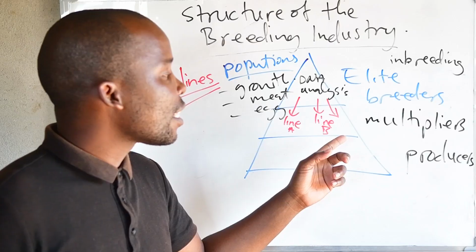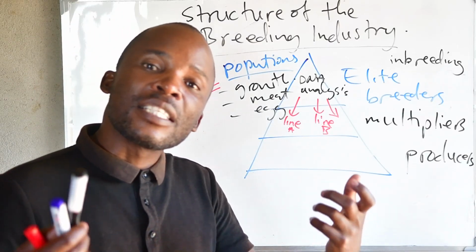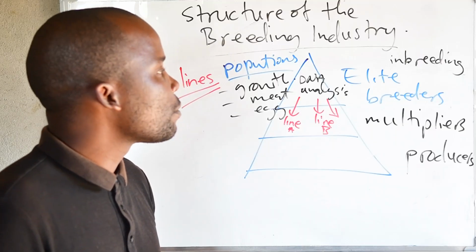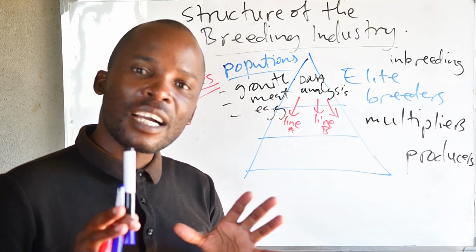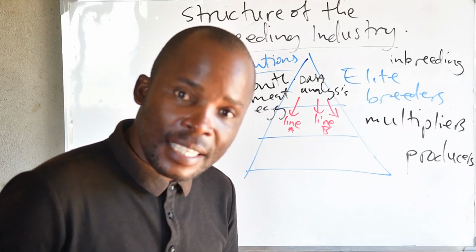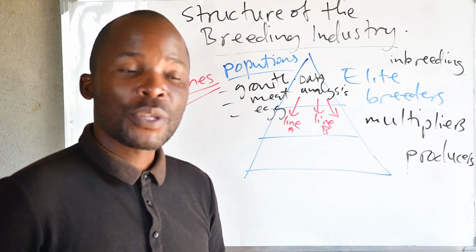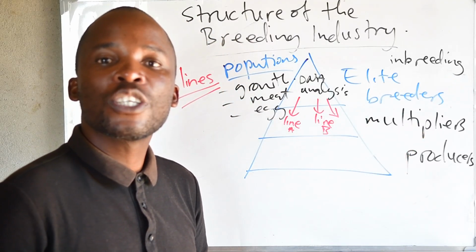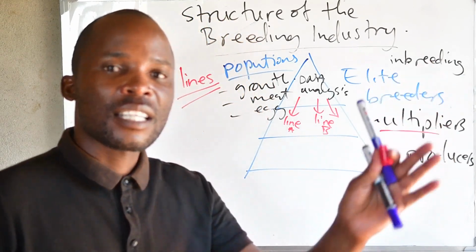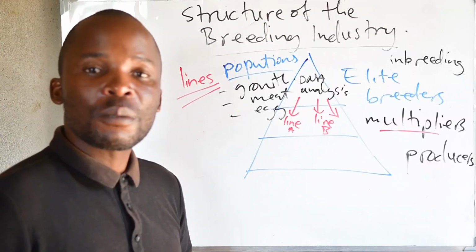But if you are going to use different lines, that is already crossbreeding. So the elite breeders are involved in pure breeding, as I said previously, and with the multipliers we see a lot of crossbreeding, because they are now using different lines that have been prepared by elite breeders.